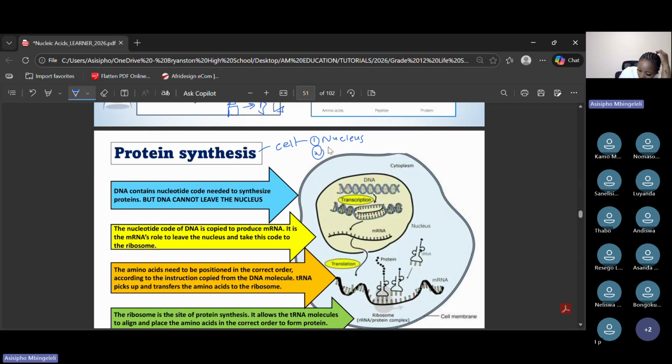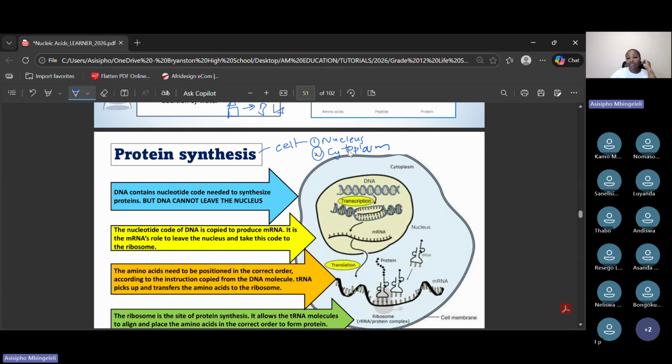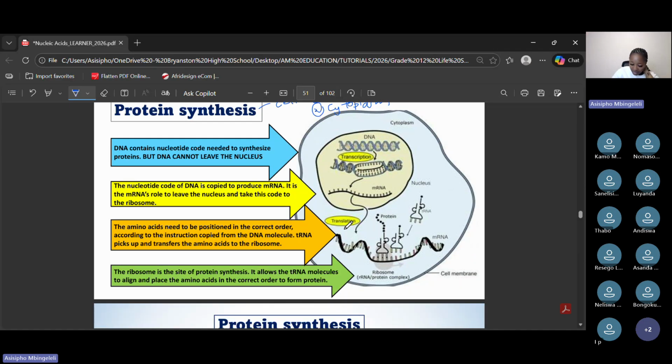Remember, these are structures of the cell. So if you look at the diagram that I've projected over here, this is a cell. And in this cell, that is where protein synthesis is going to take place. Now, what you're able to see on your slide is this structure over here, which is the nucleus. So that means the first stage, which we call transcription, here in yellow, will take place within the nucleus.